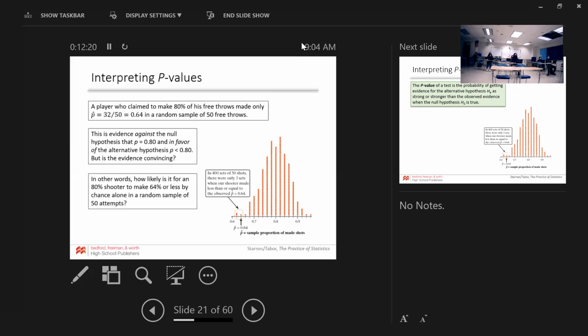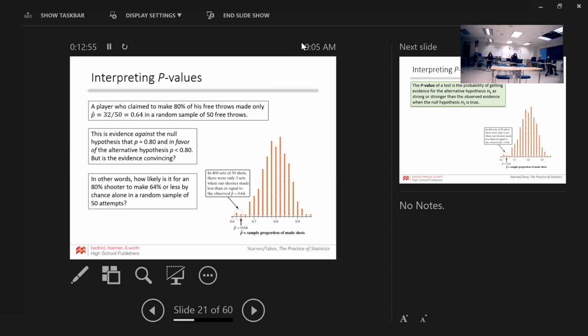So here they did this simulation in 400 sets. So all these dots represent 50 shots. And this is the proportion of shots they made out of 50 if they were an 80% foul shooter. So you see how it's centered about 80%. Okay? And it's essentially symmetric. So there's the distribution.